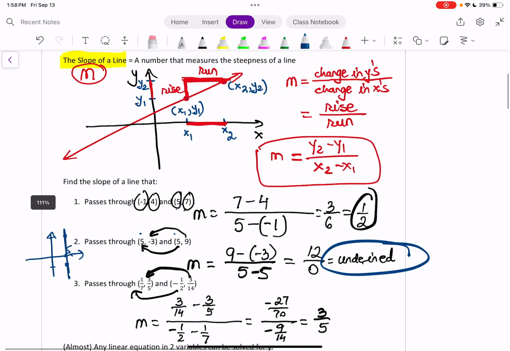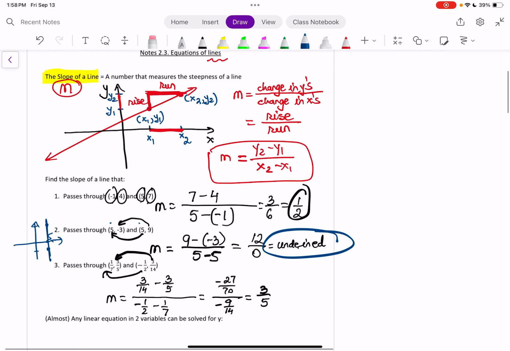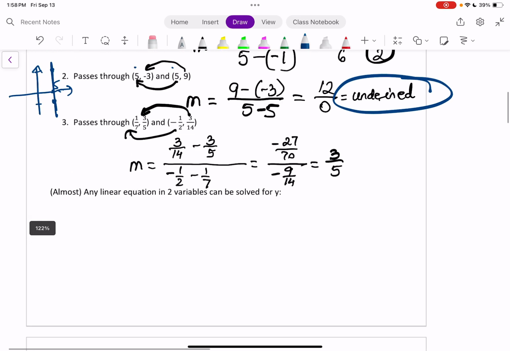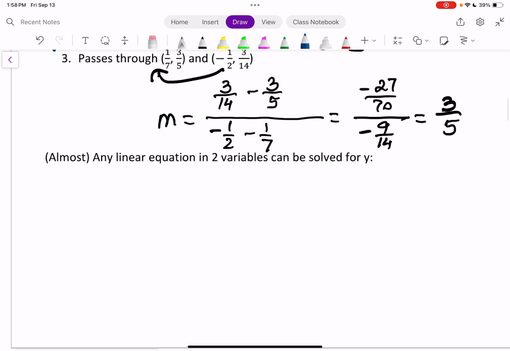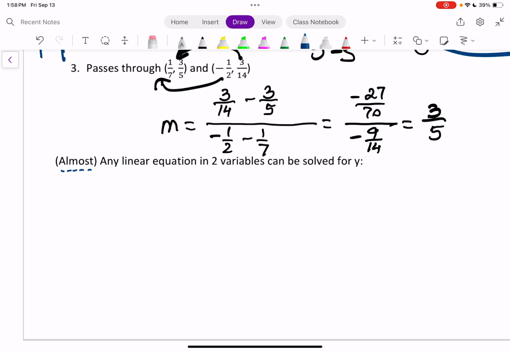Okay, so here it is. If I am given 2 points on a line, I can find the slope simply by subtracting the y's divided by subtracting the x's. We'll get to practice this later on as we are adding on to the story. Now, almost any equation in two variables, and I'll tell you in a minute when not, can be solved for y.